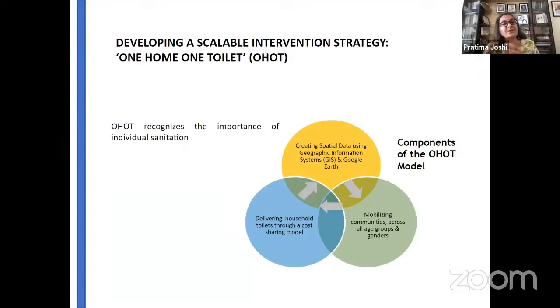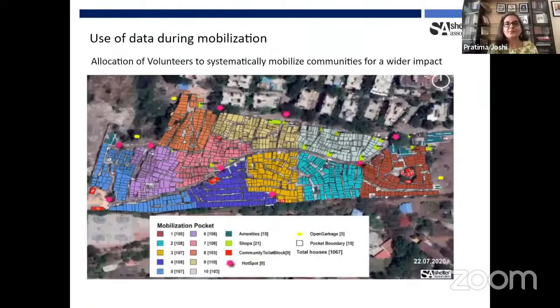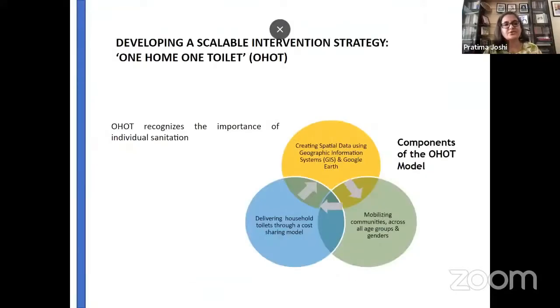Once that data is in place, then we mobilize communities, and this data comes in really very handy in mobilizing communities, and I'll show you how in the next few slides. And in the third, you'll also notice that while we bring all the stakeholders together, we also make sure that even financially there is a buy-in from every stakeholder.